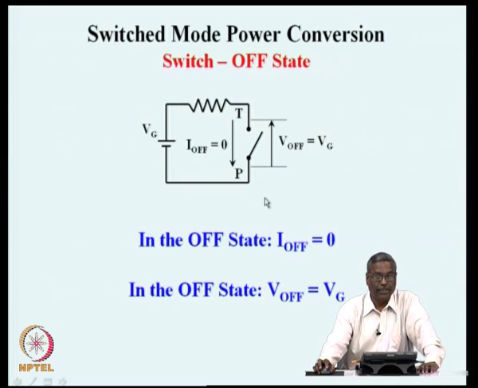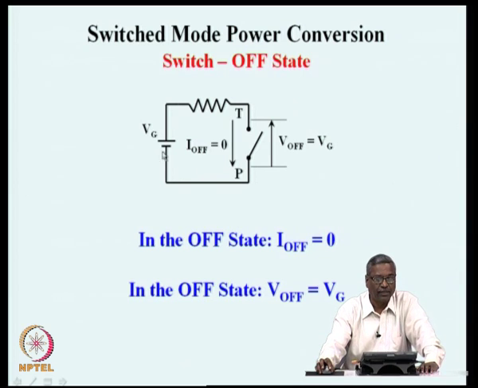Now, the second characteristics of any switch state is related to the circuit in which it is connected. For example, in the off state, the primary characteristics is that the off state current is 0, but the off state voltage, or the voltage across the switch, is not 0 and it is determined by the external circuit.